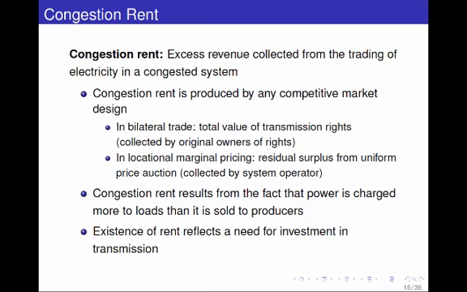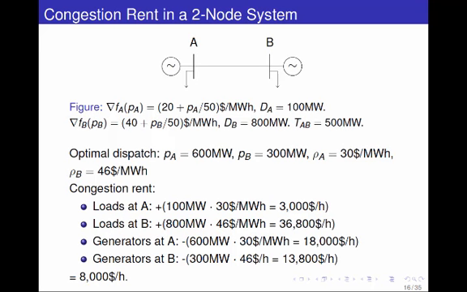Now, the next thing I wanted to discuss with you is congestion rent and congestion cost. I mentioned earlier that when you're running an LMP auction, there's some money left on the table. That's probably best illustrated through an example.